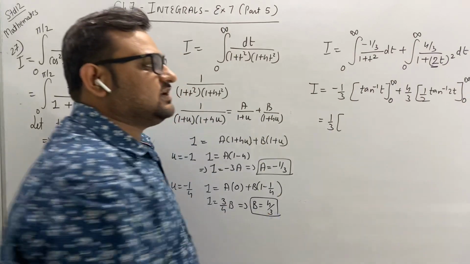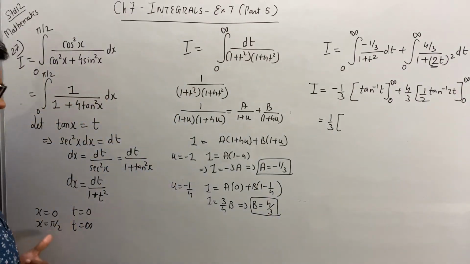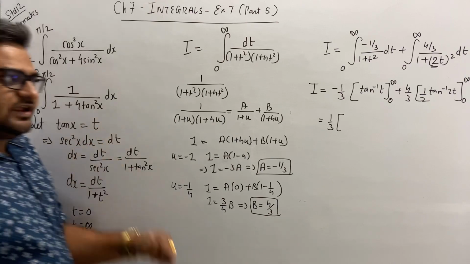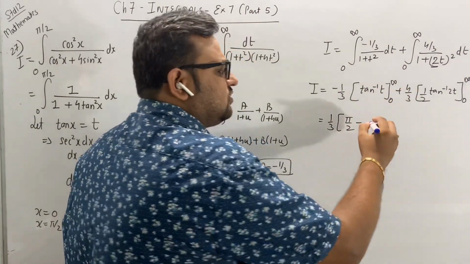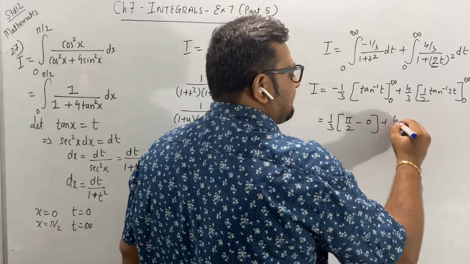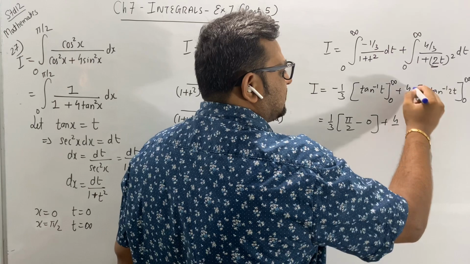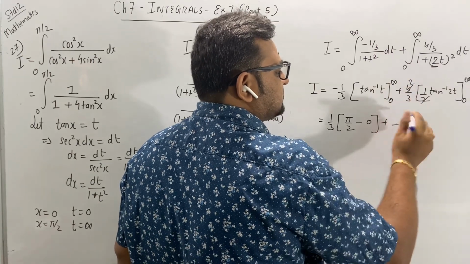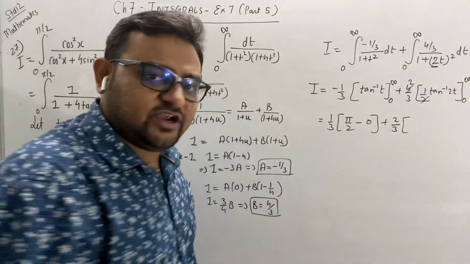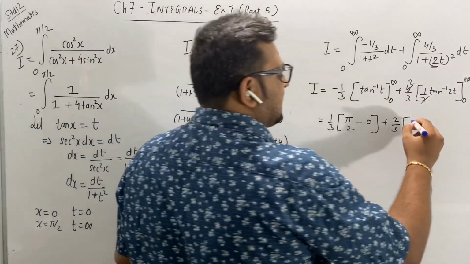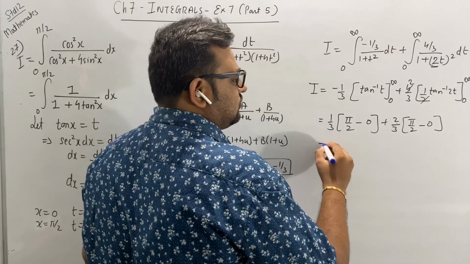Tan inverse infinity is pi by 2. Here we have taken x equal to pi by 2, tan pi by 2 infinite. So it's pi by 2, minus tan inverse 0, which is 0. Let's take this 2 outside, 4 by 3 over 2, so it's 2 by 3, tan inverse 2 into infinity, again infinity, so it's pi by 2 minus 0.